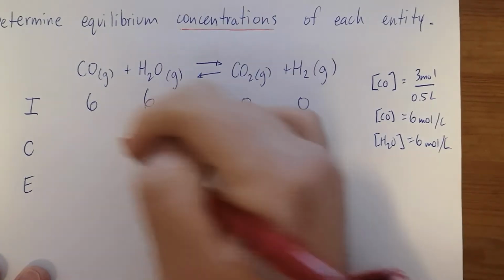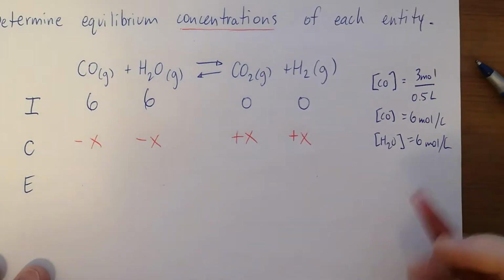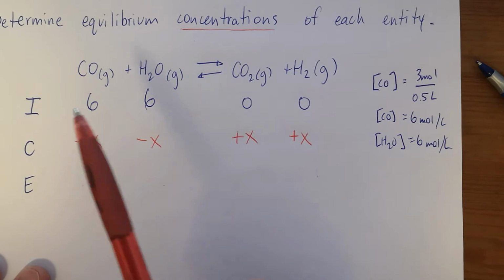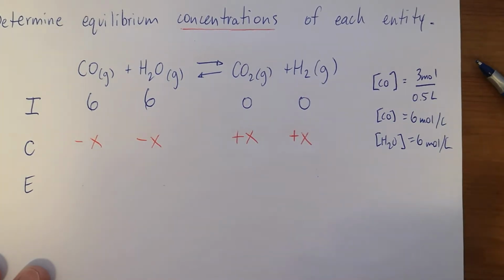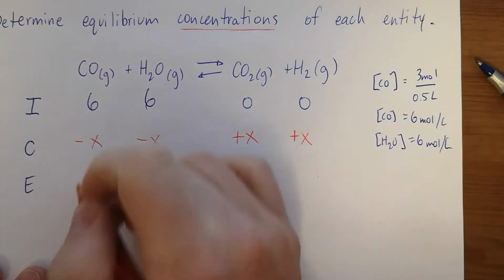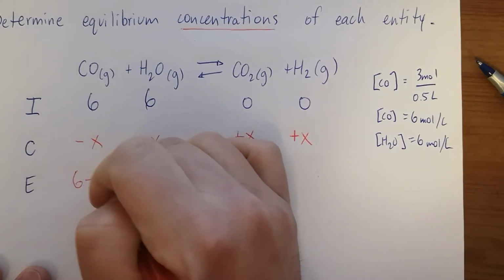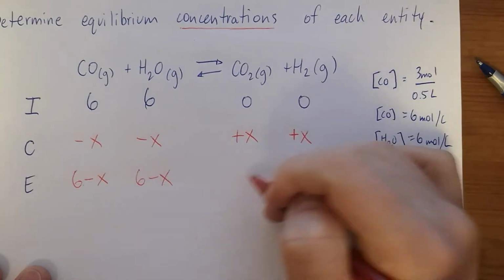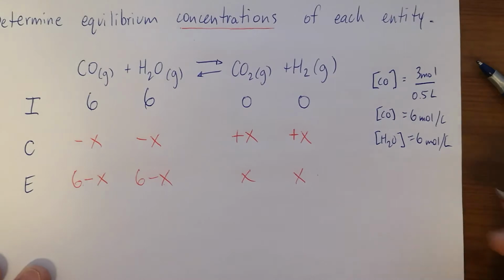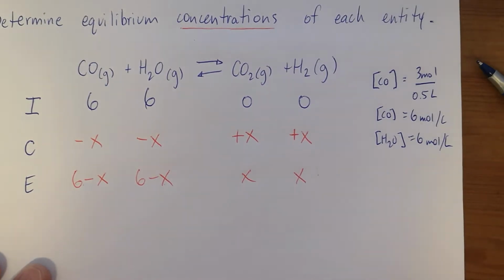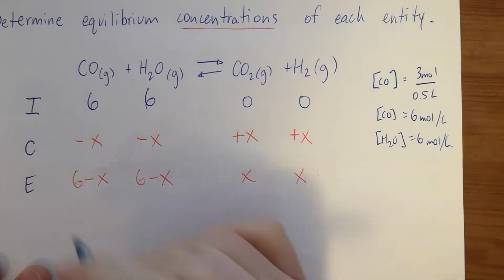These guys are going to go down by that same value because, again, the molar ratio is 1, 1, 1, 1. Okay, the equilibrium concentration is now going to be 6 minus x for these guys, and these guys are going to be x. Now we have to find out what x is, and we do it with Kc.